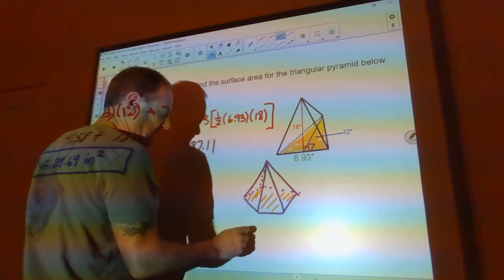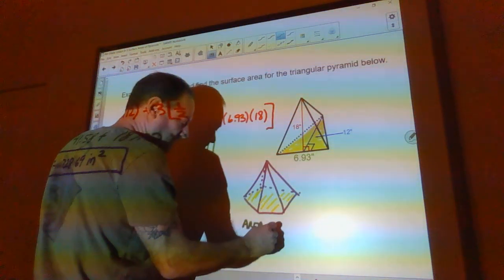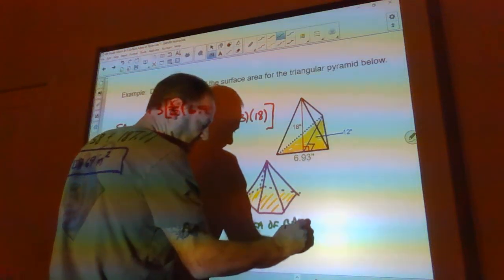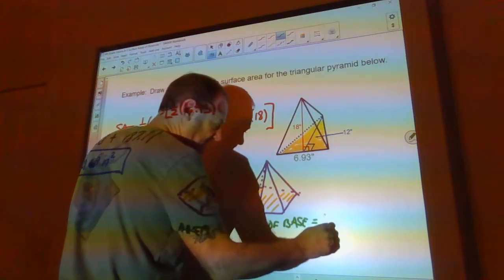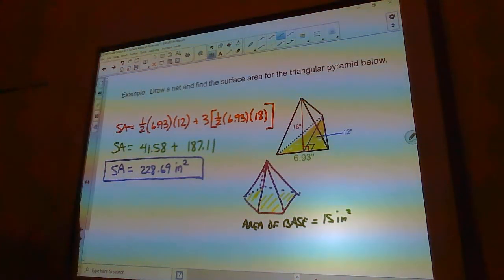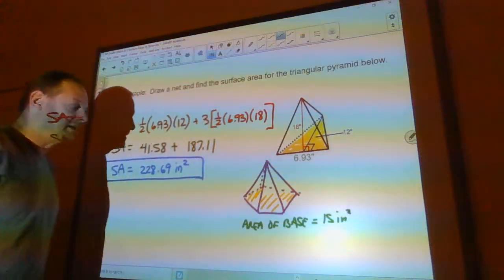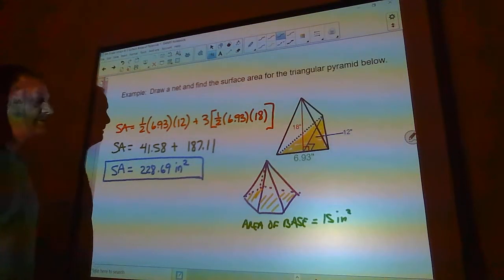But I could just say, hey, the area of the base is, I don't know, 15 square inches, and then give you information to calculate the triangles, and then you'd add up the 5 triangles and just add the 15 on the end, and then you'd have that pyramid.